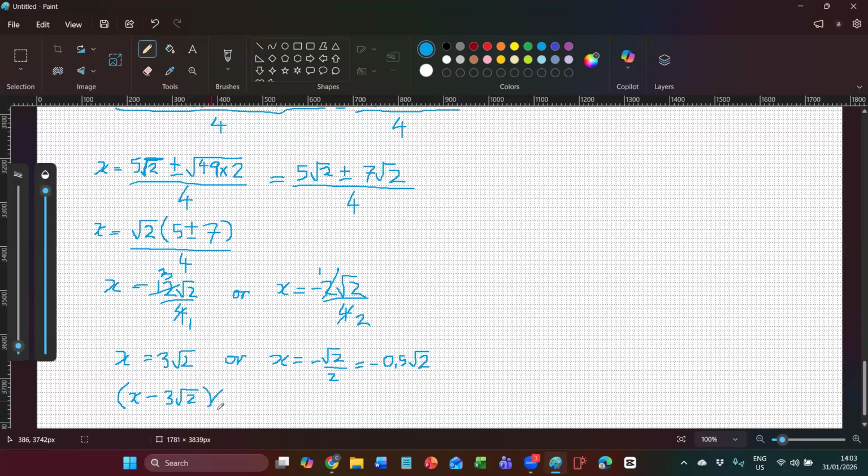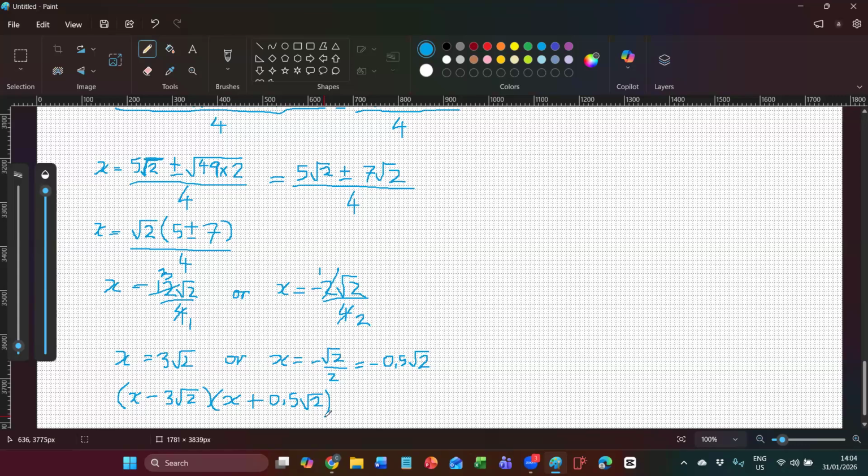And if you take the minus 0.5 surd 2 to the other side, it will be x plus 0.5 surd 2.